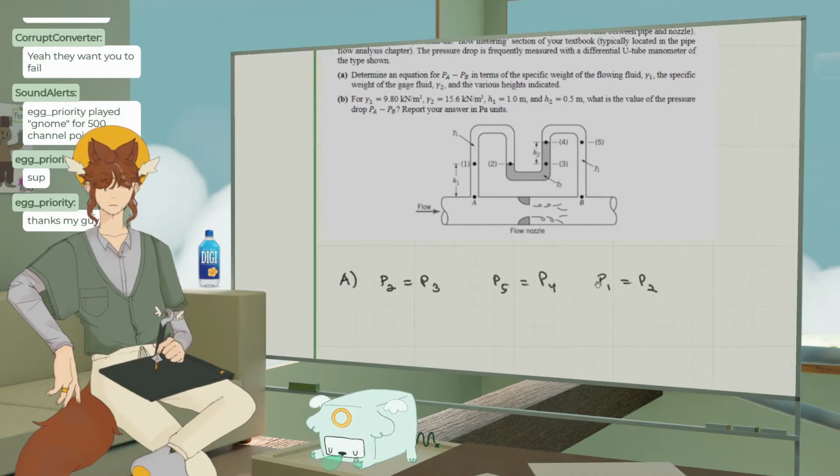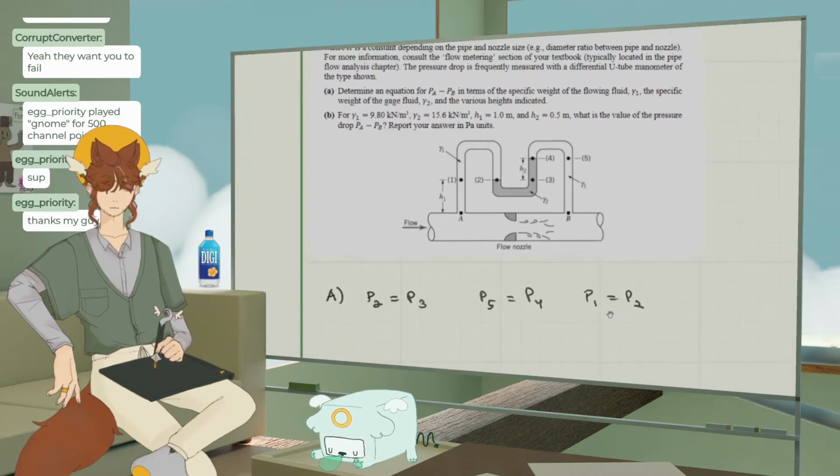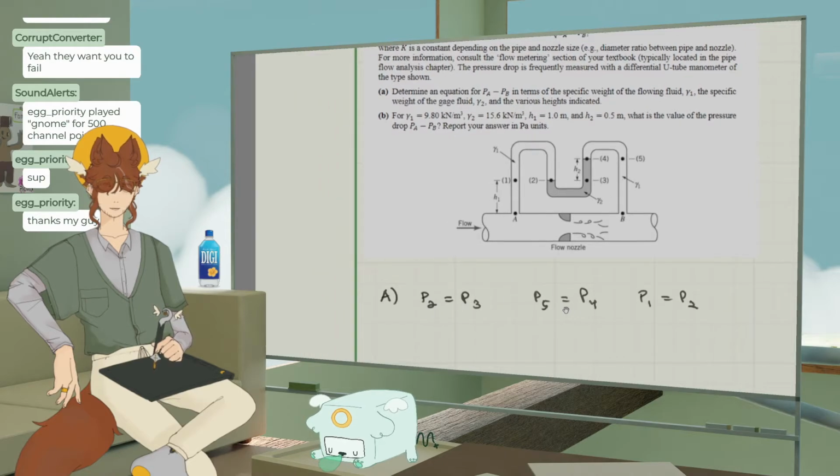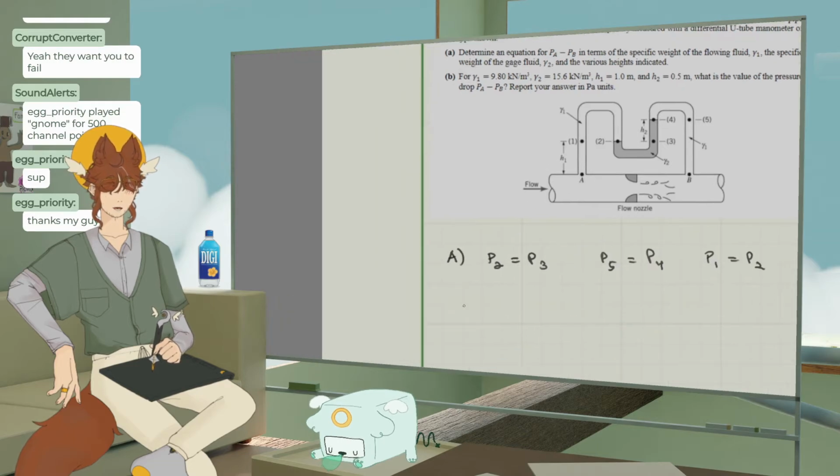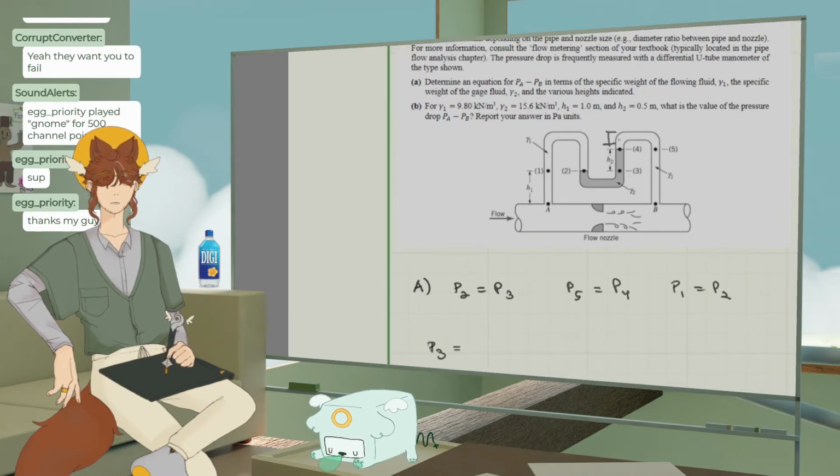Okay, so what is P? Wait, can we solve for any of these things? I guess I could probably solve for P3. Equals, it's gonna be the density of, but like, don't we care about like this little bit? Maybe not.